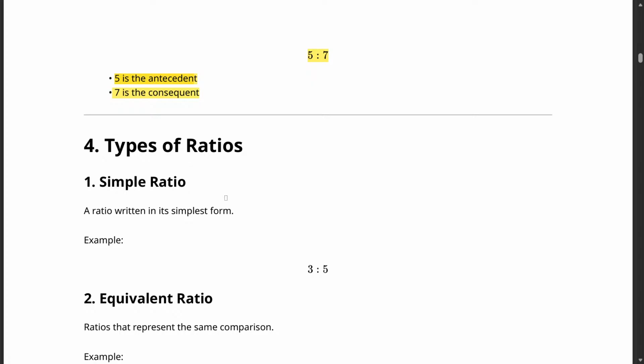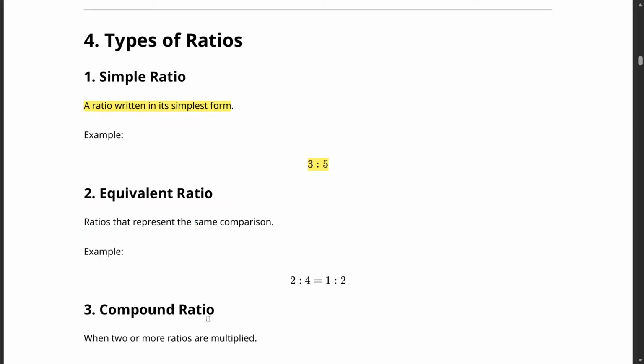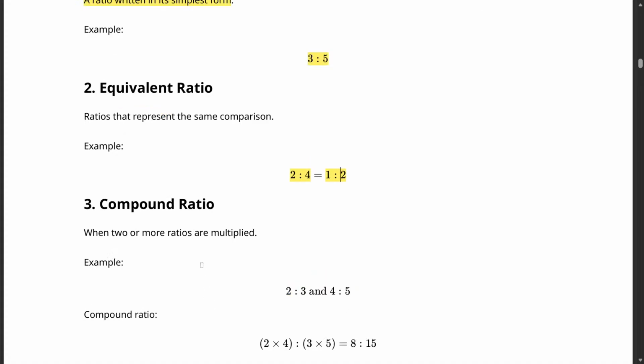Types of ratios. Simple ratio: the ratio written in its simplest form, example 3 is to 5. Equivalent ratio: a ratio that represents the same comparison, 2 is to 4 equals 1 is to 2. Compound ratio: when two or more ratios are multiplied.